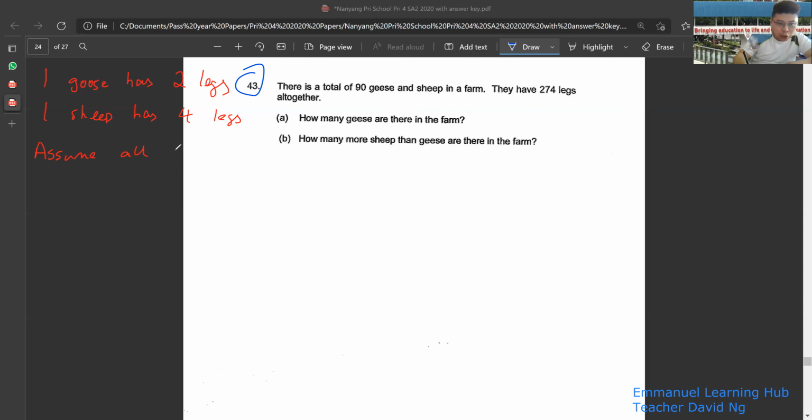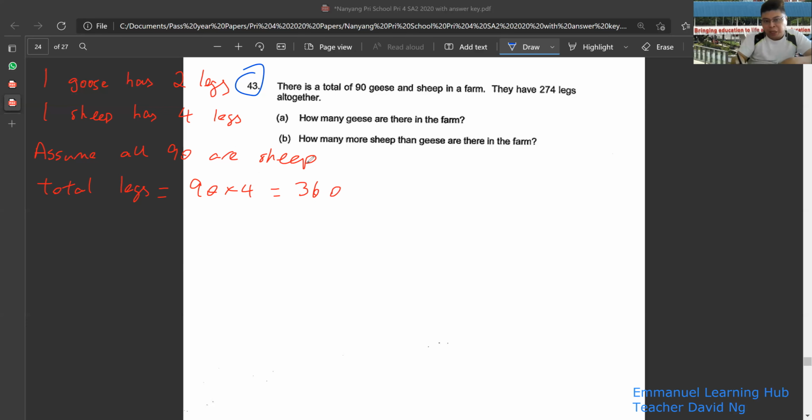Assume all 90 are sheep. Okay, always assume the opposite direction. You assume all 90 are sheep. So the total number of legs will be 90 times 4. Because all our sheep will be 90 times 4, right? 360.